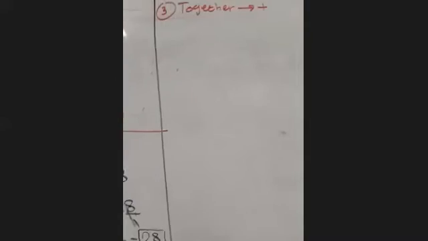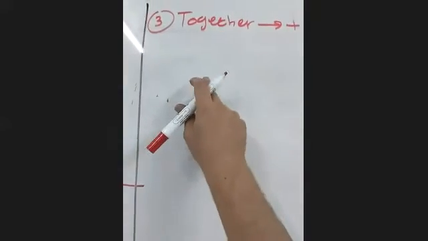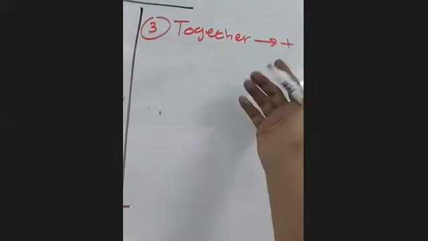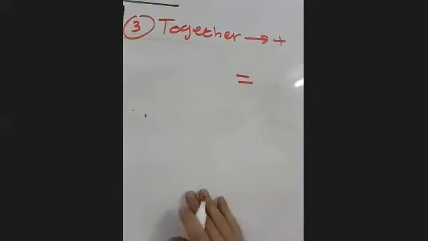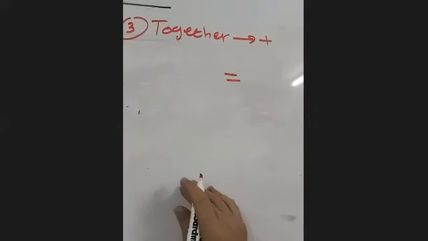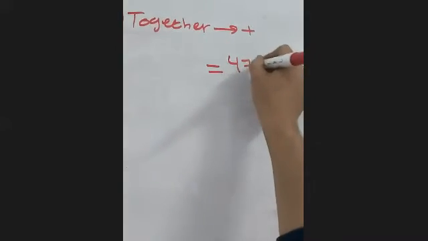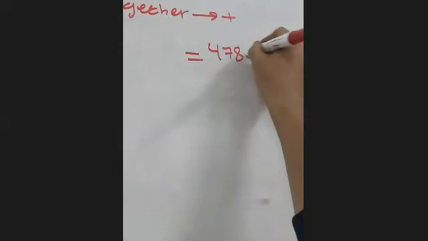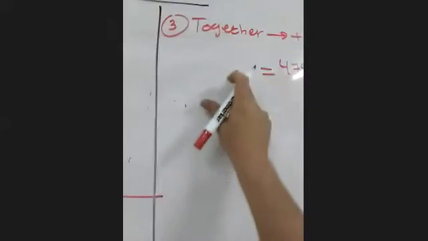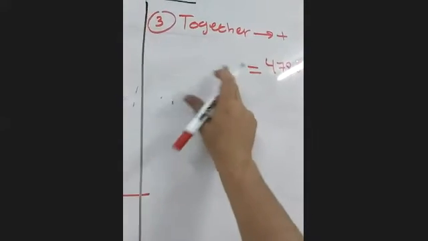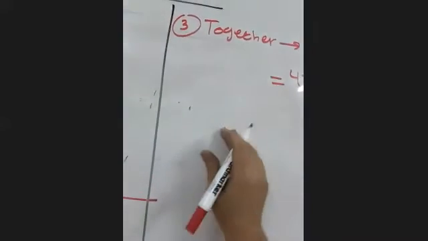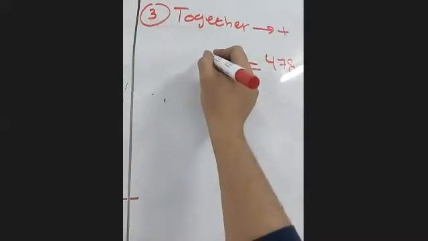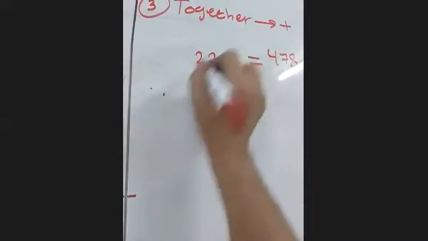Good. Now, together, these two girls saved how much money? 478.50. Now we know one of them. We know Rhonda, 225.